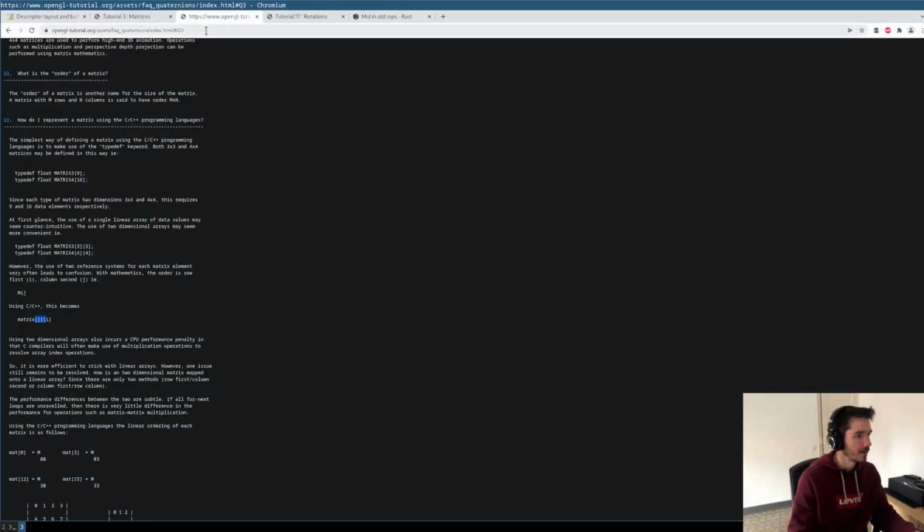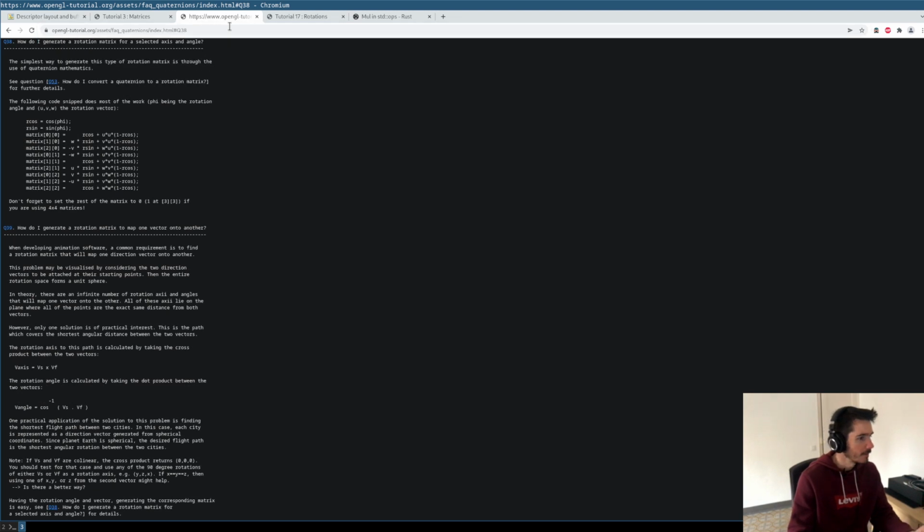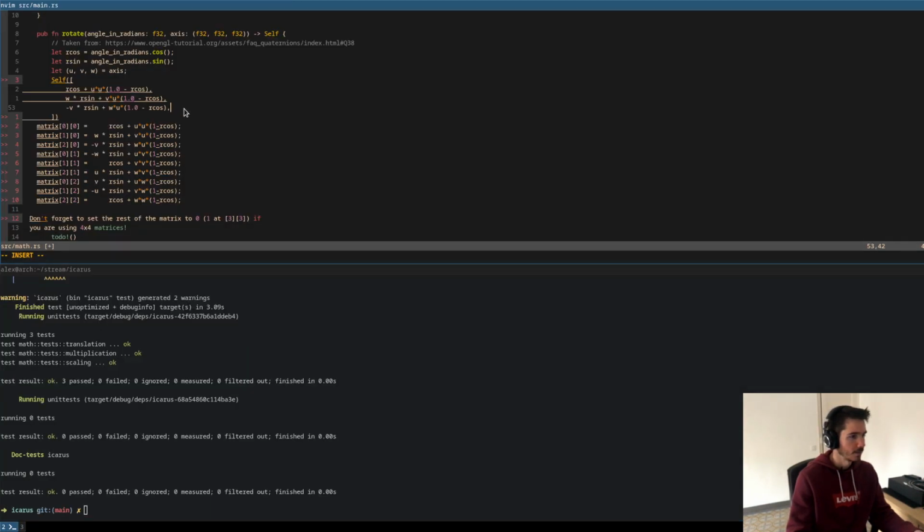so if we go back to Q38, don't forget to set the rest of the matrix to 0 except 1 at 3, 3. We are using 4x4 matrices. So this should be 0, 0, 0, and 1.